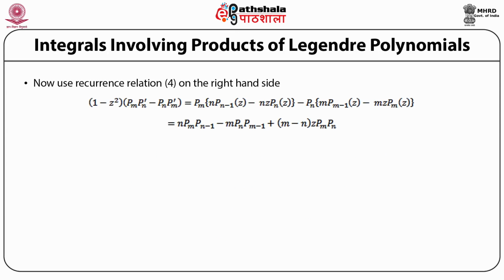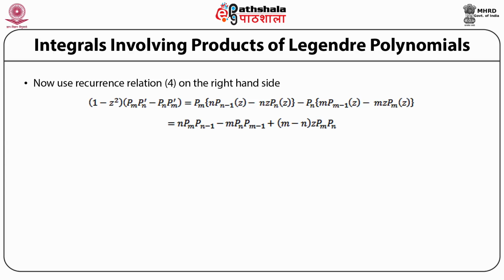Now, by using the recurrence relation on the right hand side, we get (1 minus z²)(Pm Pn′ minus Pn Pm′) equal to Pm (n Pn−1 minus n z Pn) minus Pn (m Pm−1 minus m z Pm).